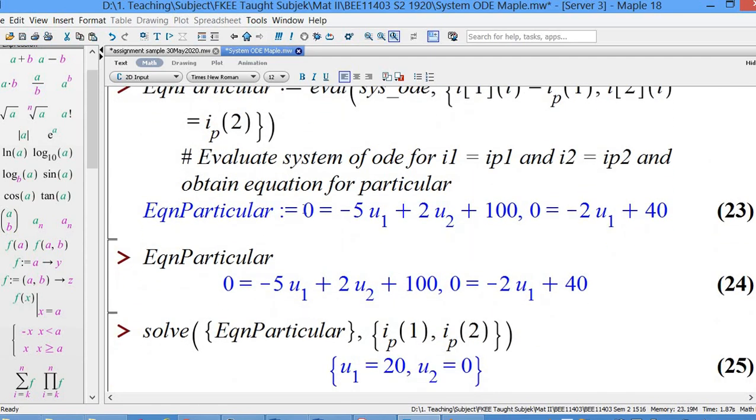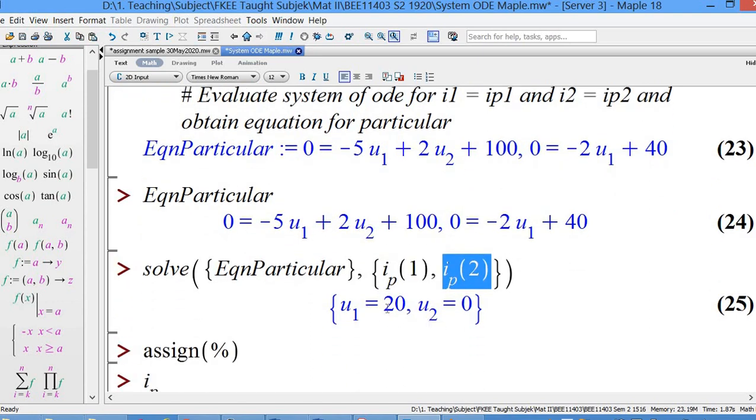Then we solve the particular integral equations simultaneously using the command solve, for IP1 and IP2, where IP1 is actually U1 and IP2 is actually U2. So we obtain U1 is 20, U2 is 20.